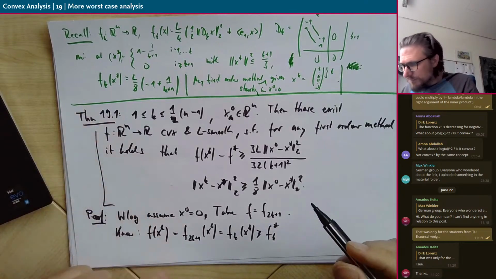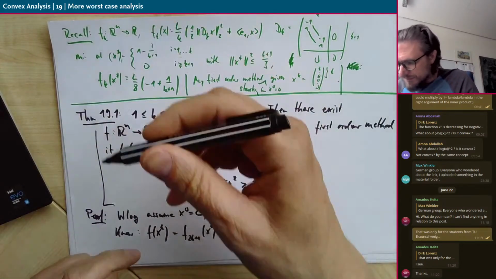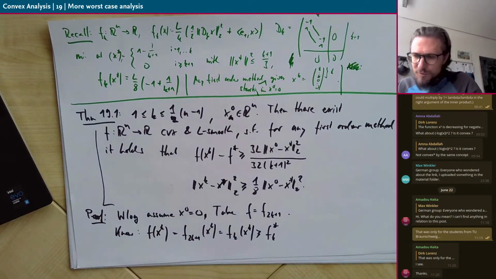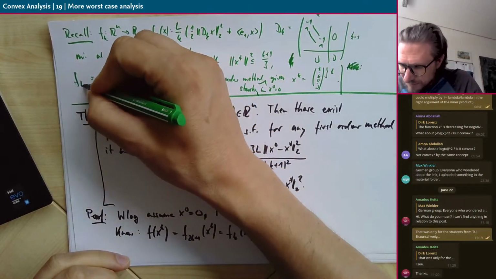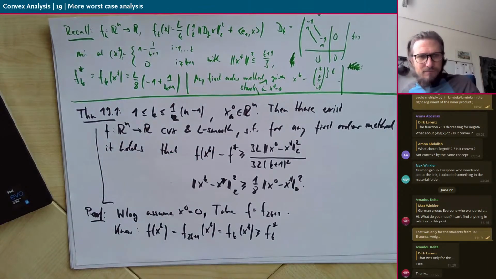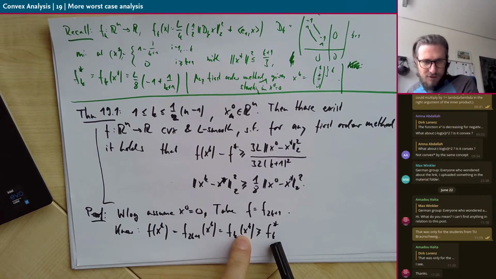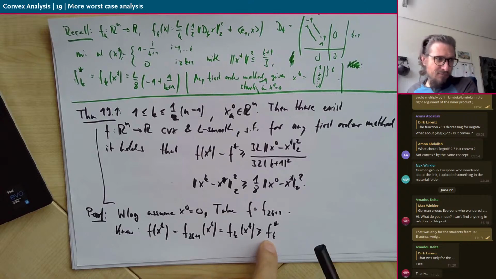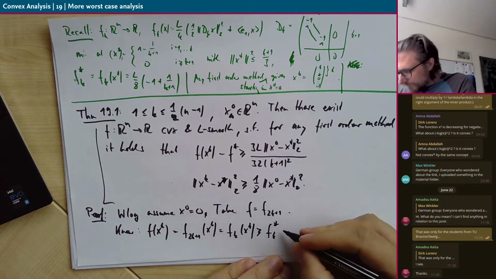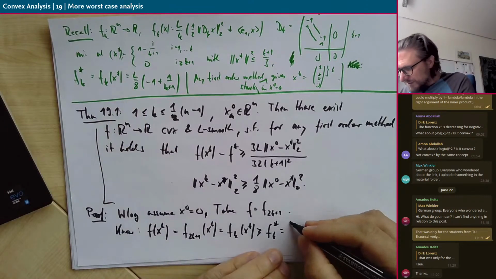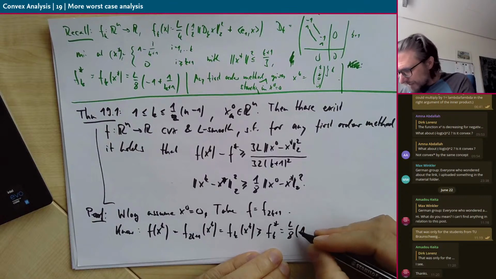This is what we called fk star. So this is Corollary 18.4, and this is just because xk is not guaranteed to be the minimizer, so this is actually maybe smaller. And moreover, we calculated this to be this number here. It's L over 8 times (minus 1 plus 1 over k plus 1).